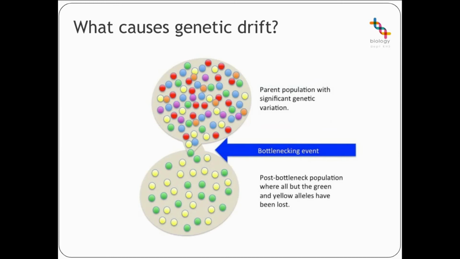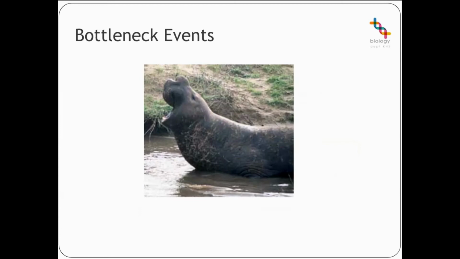Some kind of bottlenecking event happens where we've reduced our population significantly, and only a few are able to pass on to the next generation, and just through sheer chance we have lost all but the yellow and green alleles in this situation. And a common example of this is in northern elephant seals.